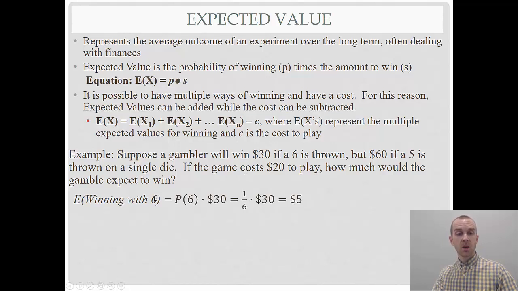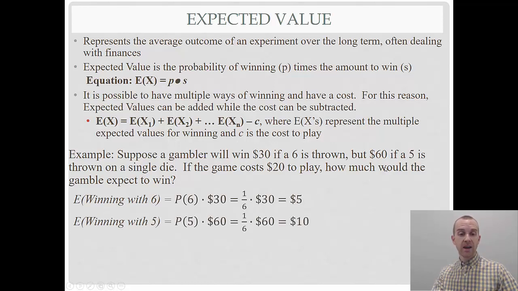So the probability of us rolling a 6 is 1 out of 6 on a die, and that's $30 if the gambler wins. So that's a $5 expected value of winning on average. But you also have the idea of the 5. So the probability of rolling a 5 is also only 1/6 times the $60 of winning. So on average, the gambler would expect to win $10.